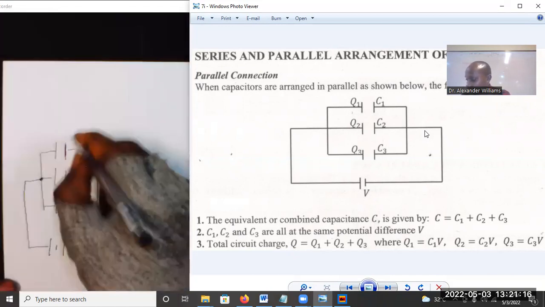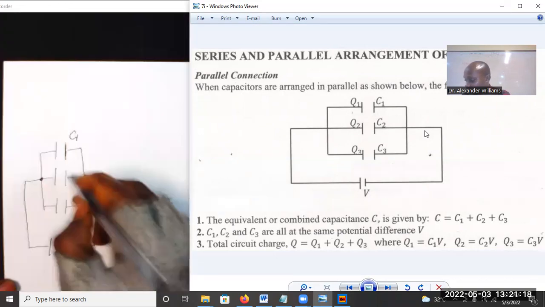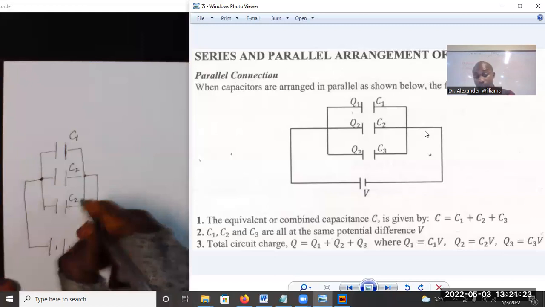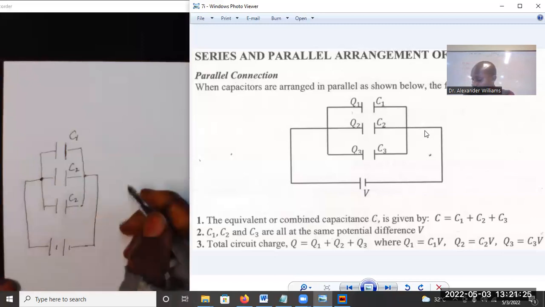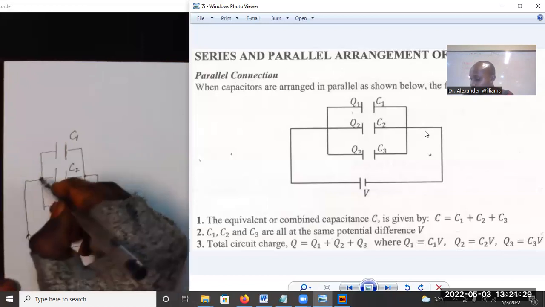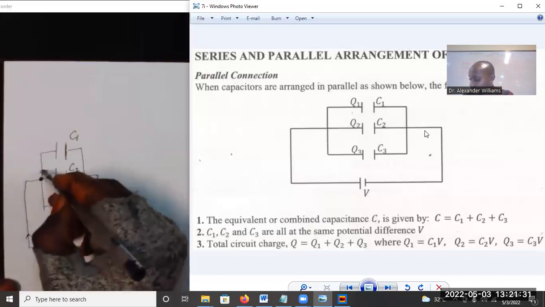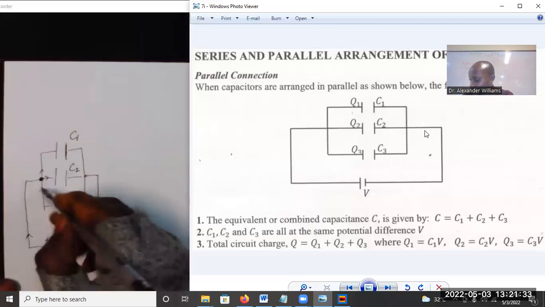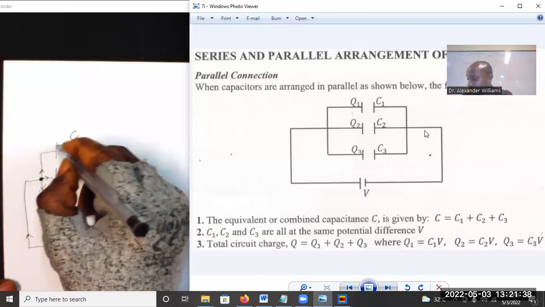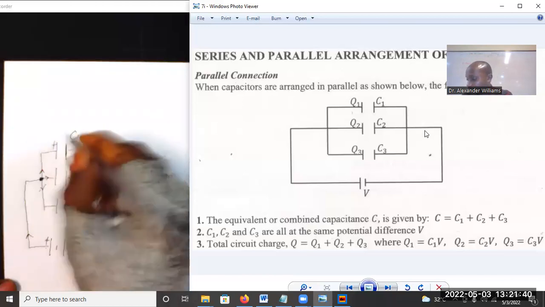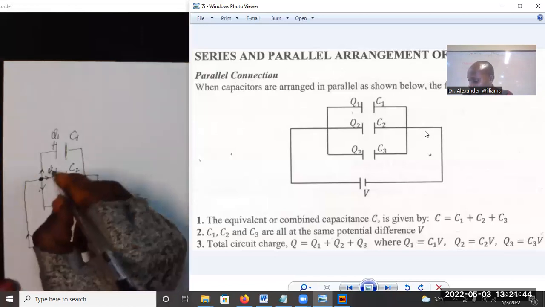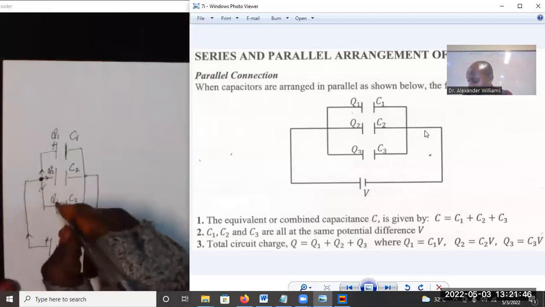This is C1, capacitor 1, with capacitor C2, capacitor 2. When current flows to this point, the current will divide into the different branches, and here will be charged. The capacitor will have a charge of Q1 stored here, and the current that goes here will have Q2 stored here, and likewise Q3 stored here.